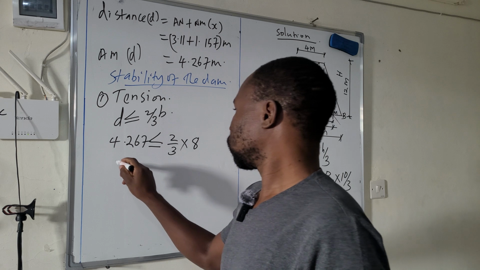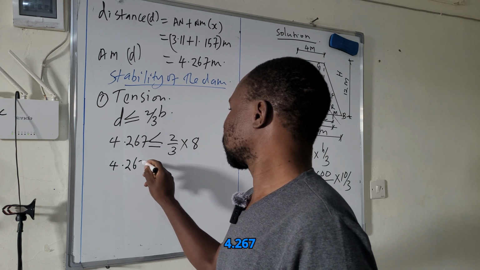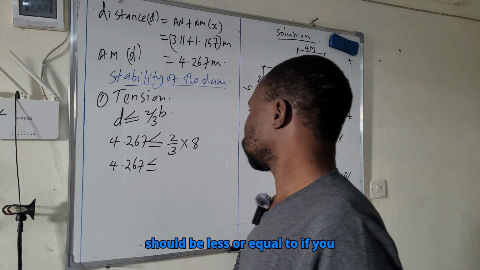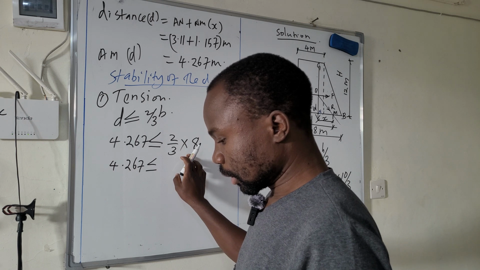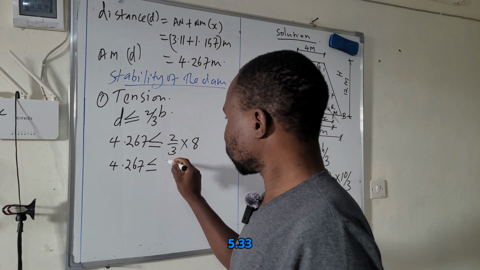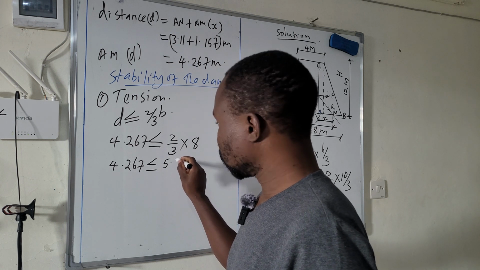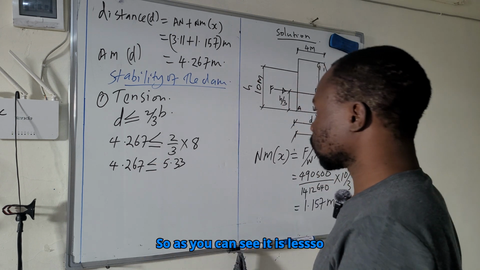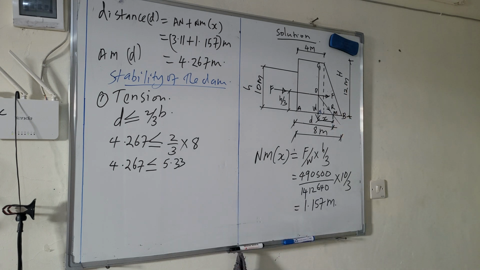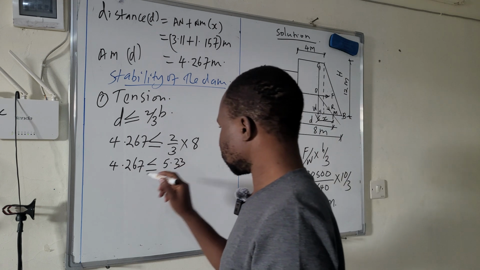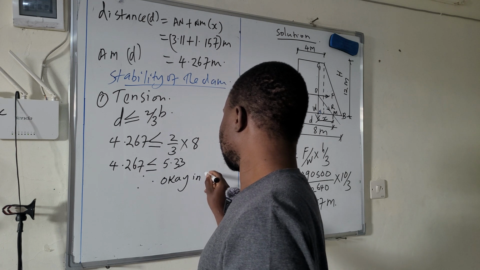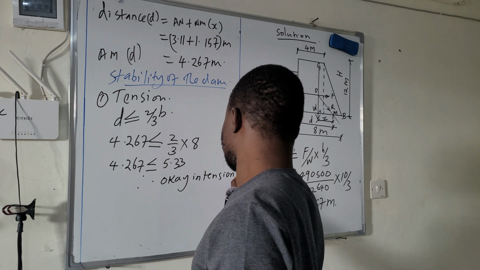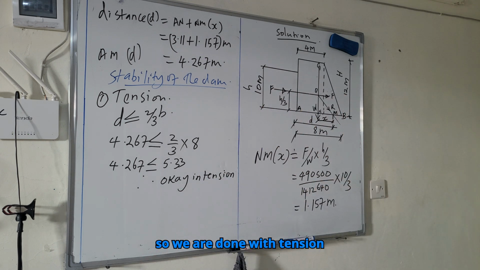If you multiply this, you will get 5.33. As you can see, it is less. So it means it is okay in tension. So we are done with tension.